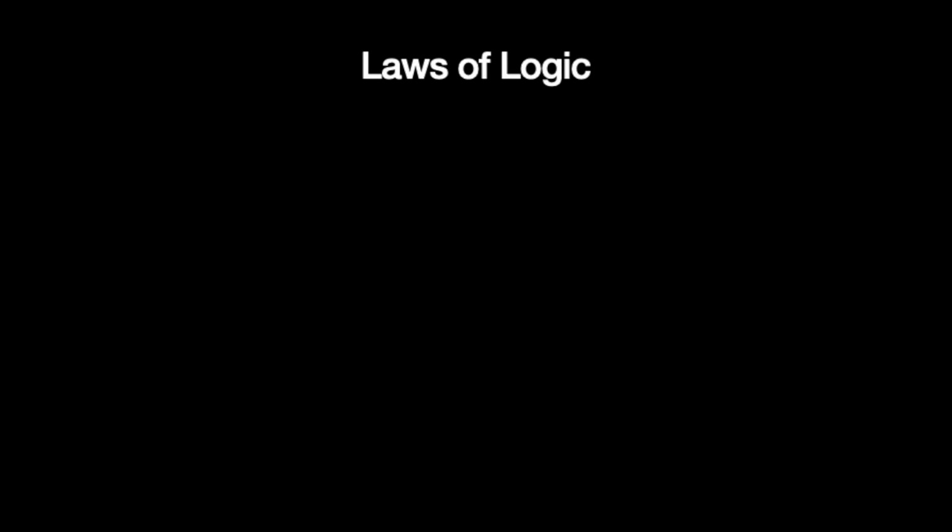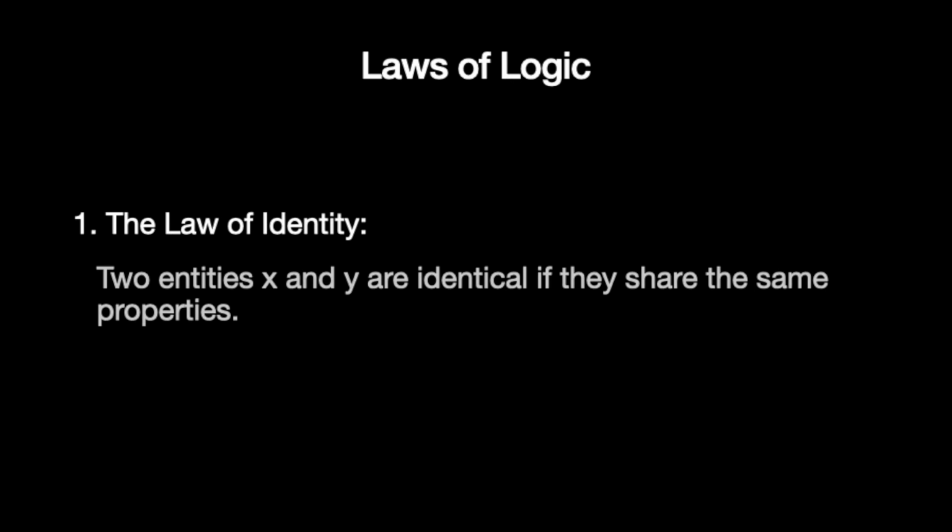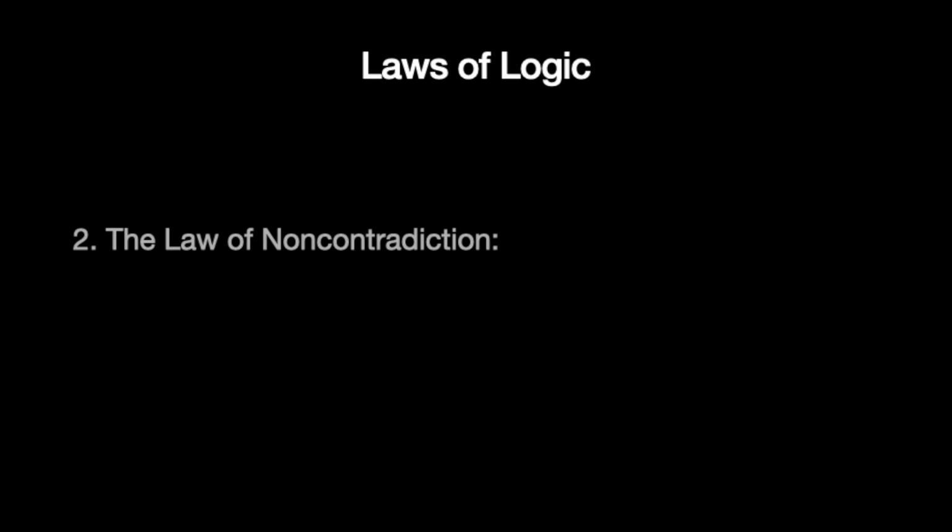Since our definition of proof requires the laws of logic, let us also state the laws of logic. 1. The law of identity: two entities, x and y, are identical if they share the same properties. 2.